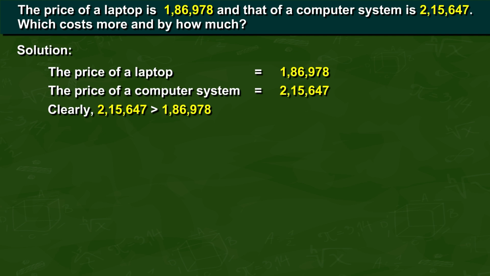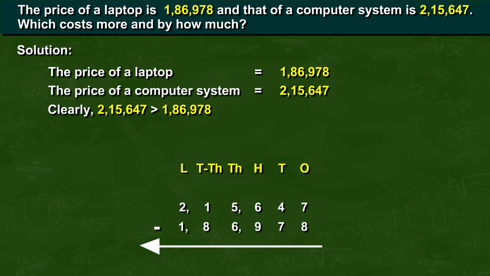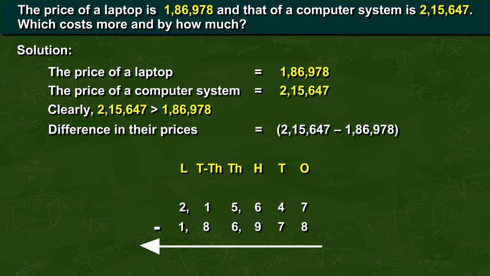Now, let's find the difference between the price of the laptop and price of a computer. We will arrange the numbers in columns. Difference in their prices is equal to 2,15,647 minus 1,86,978 is equal to 28,669.